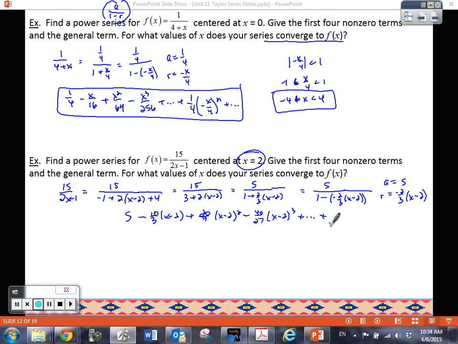And now I just use my formula. My a is 5, my r is negative 2/3 x minus 2 to the n. And that's my general term.